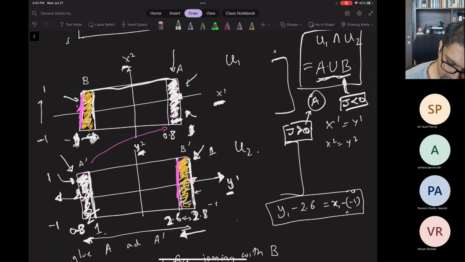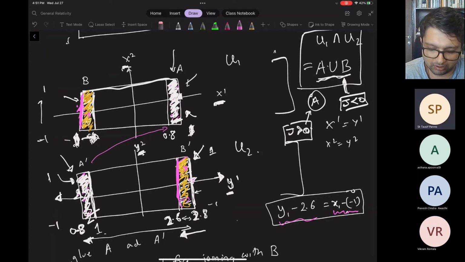Is this fine? So basically, if I choose something which is at y1 minus 2.6, let's say over here, this is telling me how far I've moved from this point at 2.6. This is now telling me how far I moved from x1 is minus 1, and those two are exactly the same. Is this part fine?